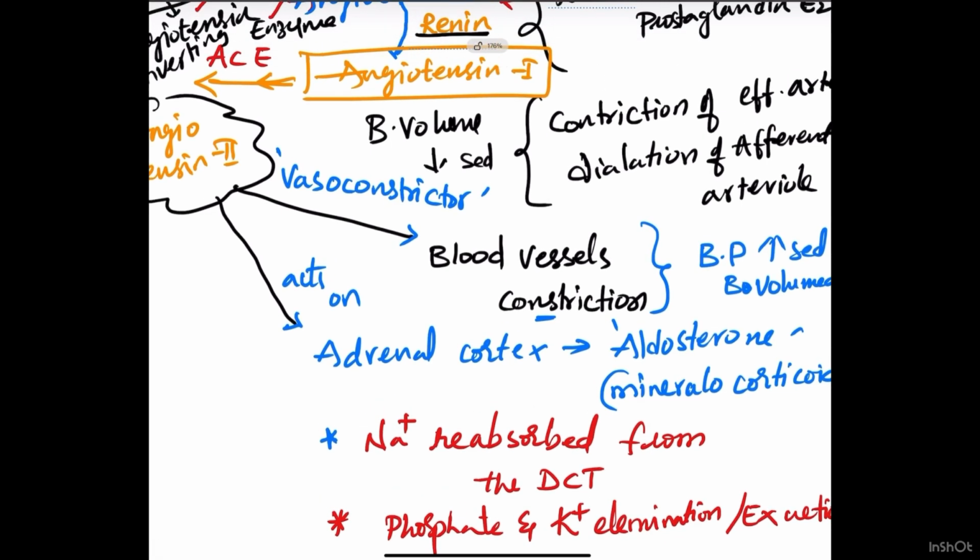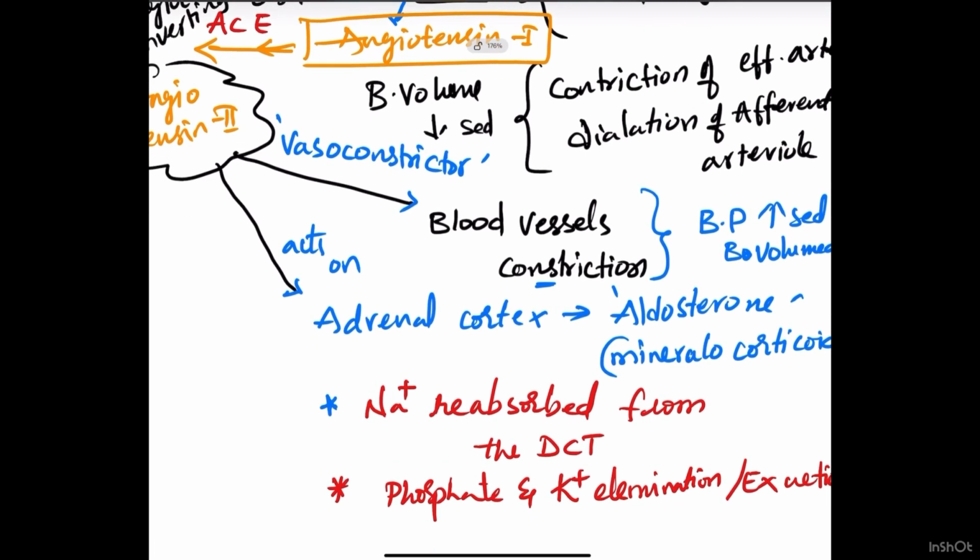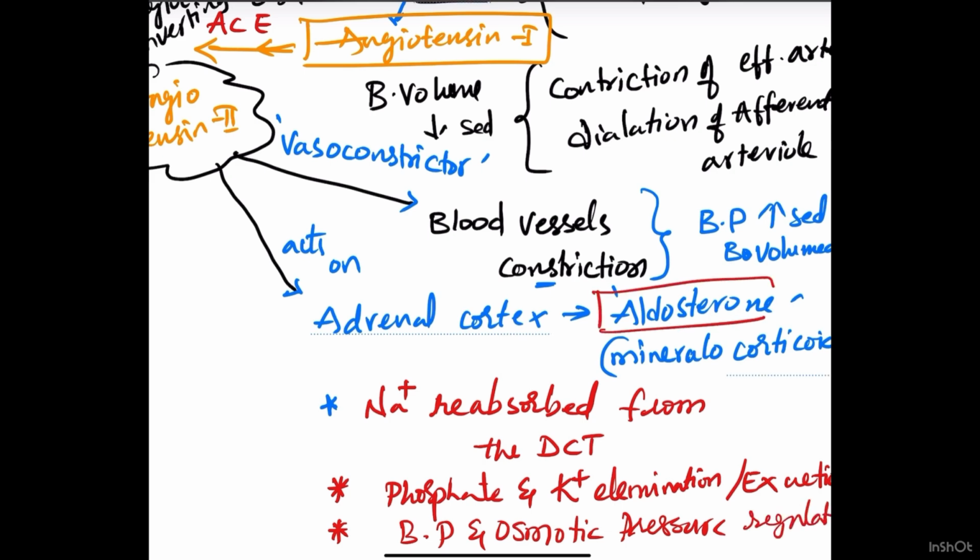Aldosterone also has one more function, blood pressure and osmotic pressure regulation. So this entire thing you can consider as the RAAS mechanism.